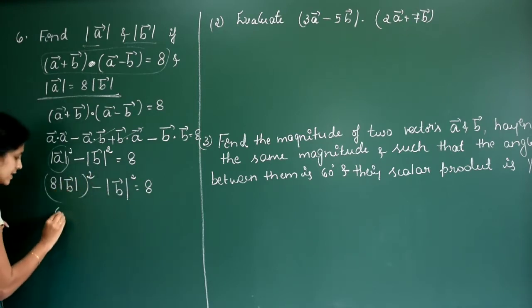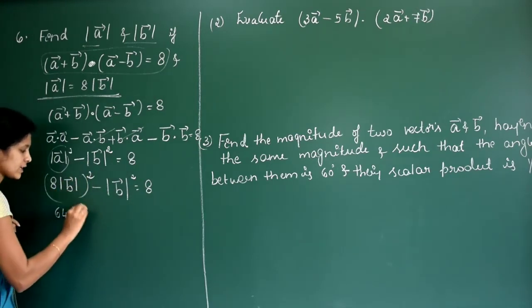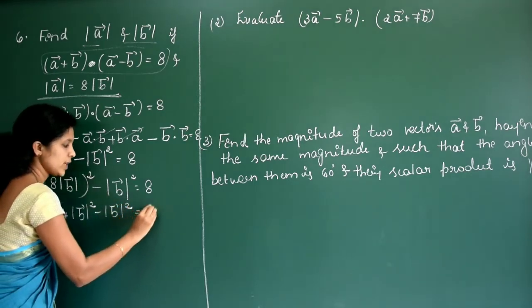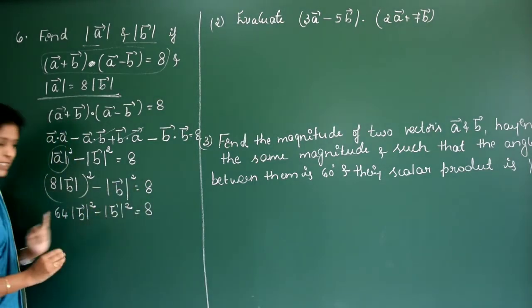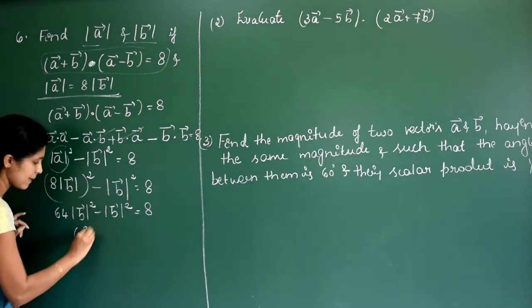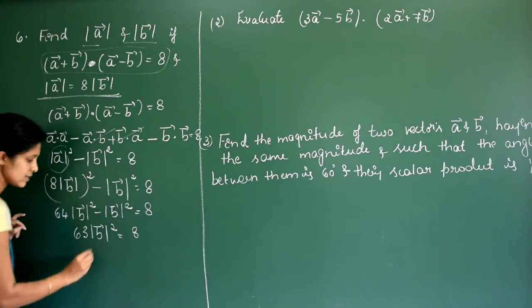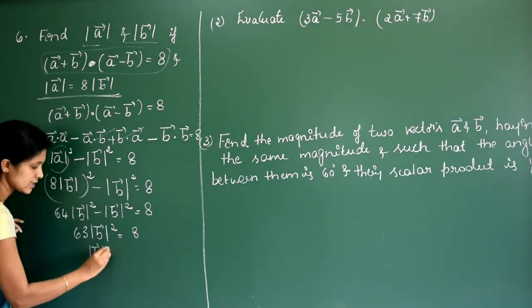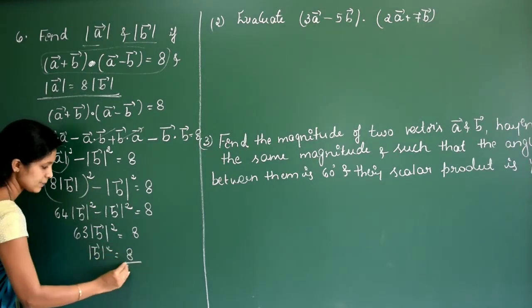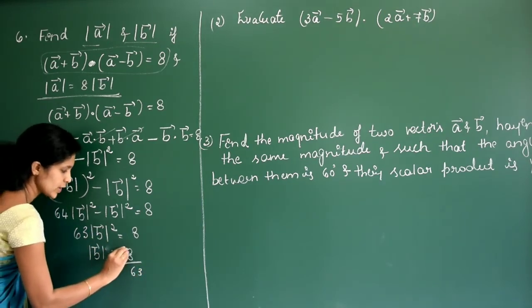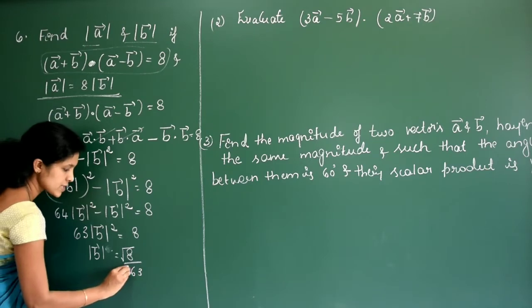Now 8 squared will be 64. 64 times the magnitude of B vector squared minus the magnitude of B vector squared is equal to 8. By this we can write 64 minus 1 will be 63, so 63 times the magnitude of B vector squared is equal to 8. The magnitude of B vector squared is 8 divided by 63, or the magnitude of B vector is equal to square root of 8 by square root of 63.